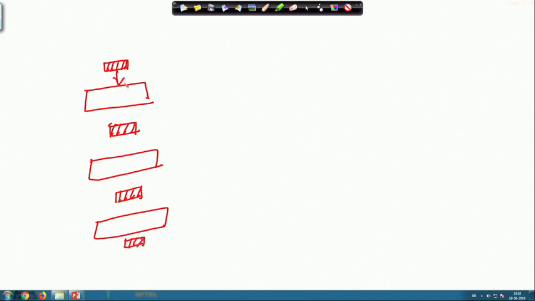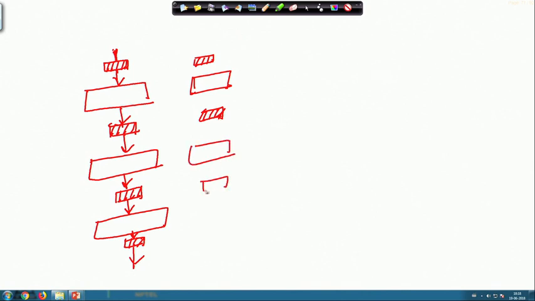So, this will be coming to this, and this is the output. The input is basically coming to this particular point. Now, what I have to do is copy these particular blocks 5 times, as I have employed the parallel processing level of 5. So, this is C1, this is C2, this is C3, correct.